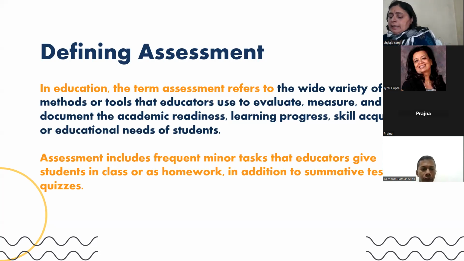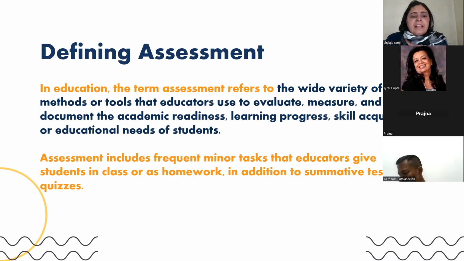For example, direct measures could be tests, papers that you ask them to present, examinations, and it could also be a performance by the students, their final project. And the indirect measures are our perspectives on them. What do we know about the child? What do we know about the student?